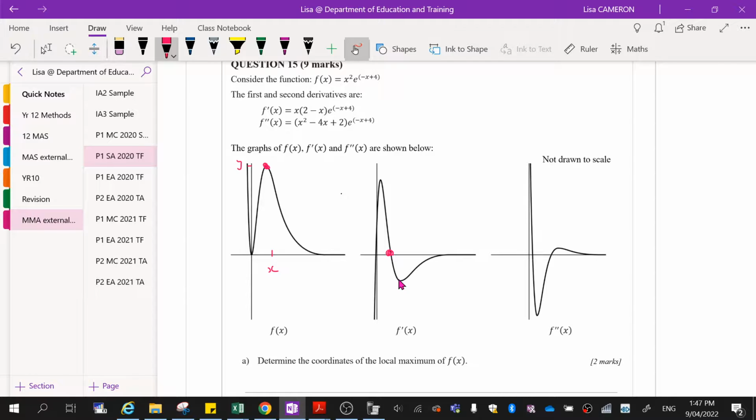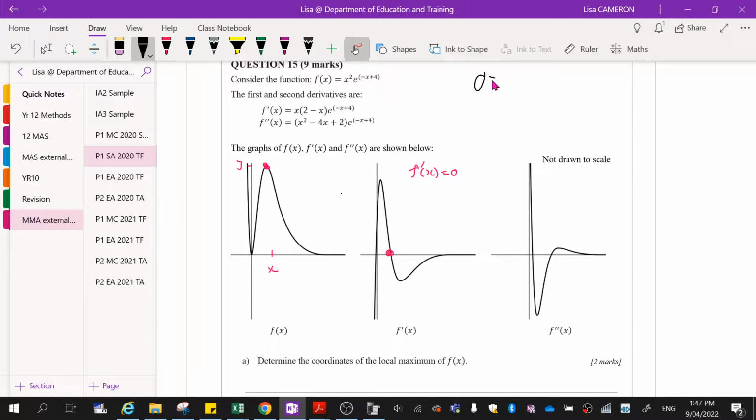So we want to find when the first derivative is equal to 0, and then we're going to plug that into the other function to find out what y is when that happens. They've given us the first derivative here. We're going to use null factor rule to work out what those intercepts are.